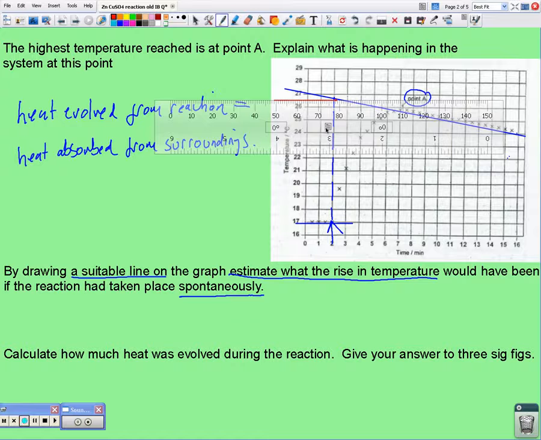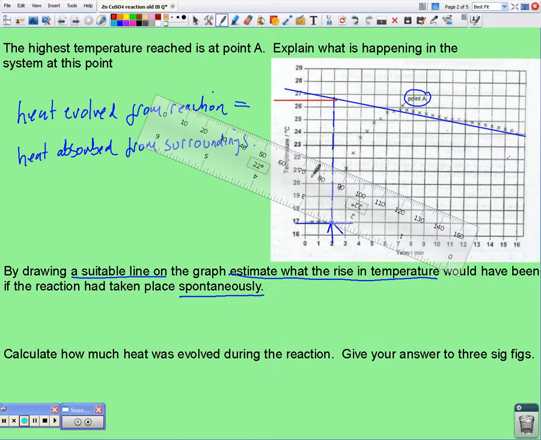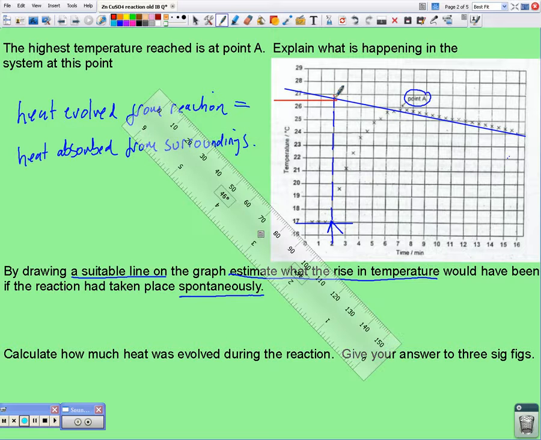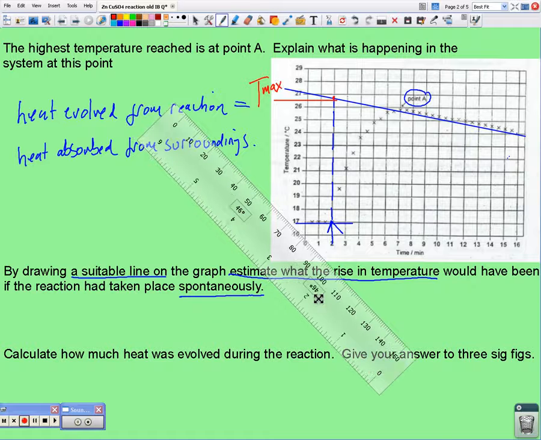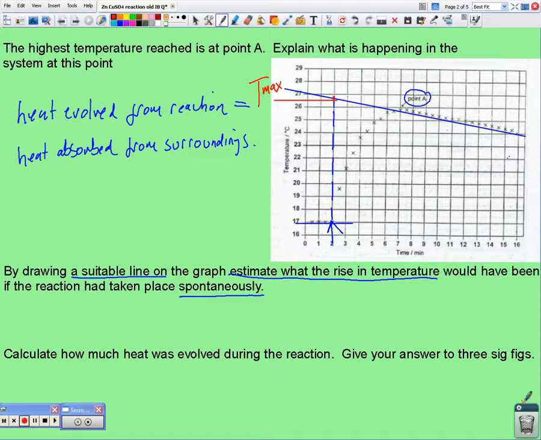Oop, I've missed it slightly, haven't I? That line should really be just here at that point, and it should have moved across to the axis to give me my maximum temperature that I should have had if everything had reacted spontaneously.